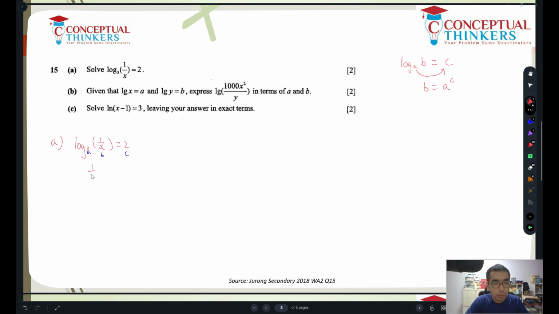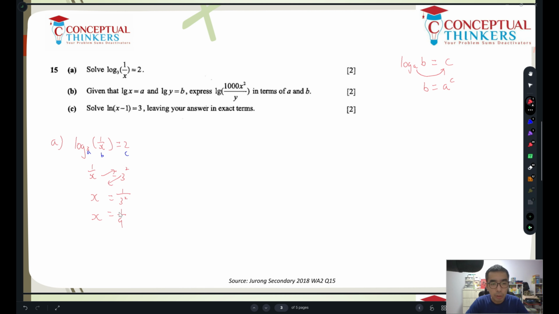So it will be 1 over x is equal to 3 to the power of 2. Next, make x the subject. You can do a cross multiply, and this one can bring it down. So you're going to get x is equal to 1 over 3 square. So you're going to get x equal to 1 over 9.